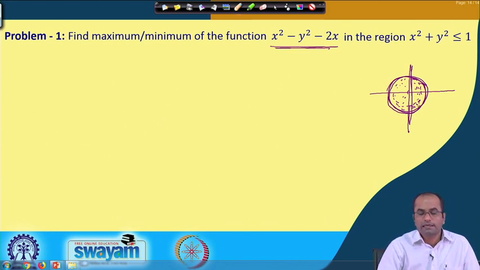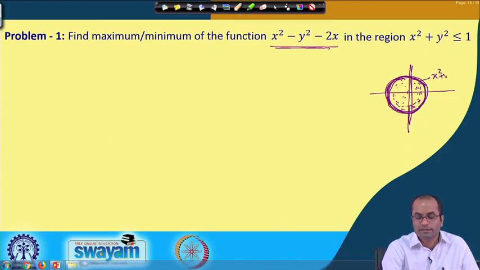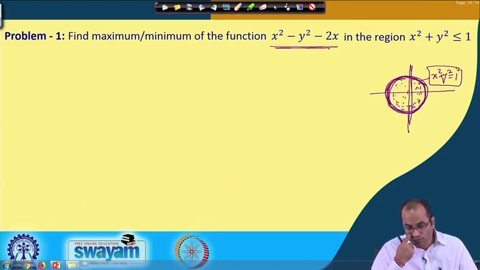And now, we will deal with it in two ways. In all these problems when such a region is given, the boundary is x square plus y square equal to 1. So, we will break it into two problems.